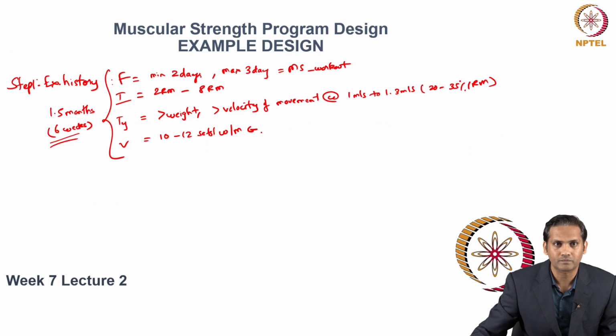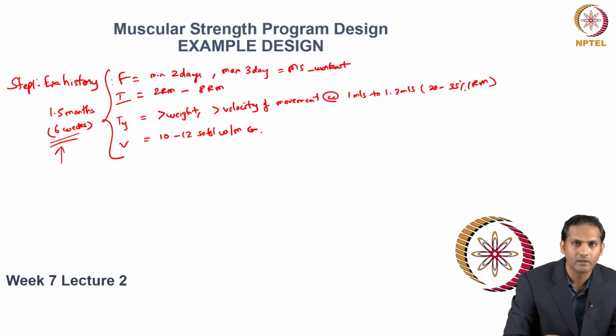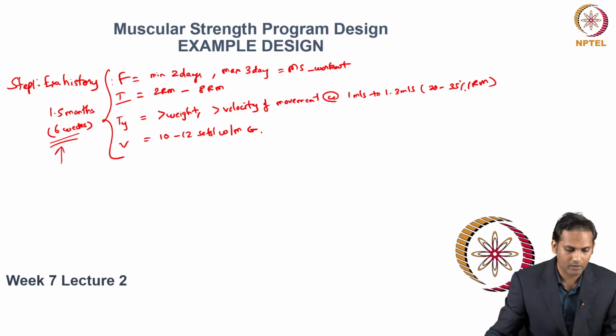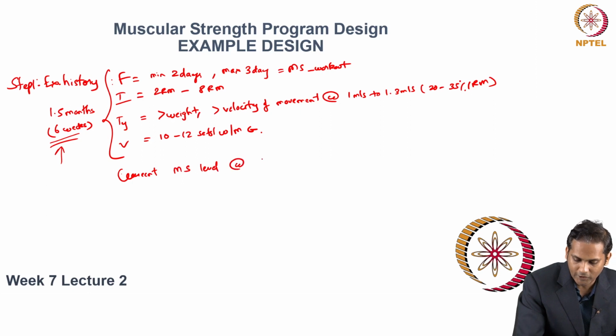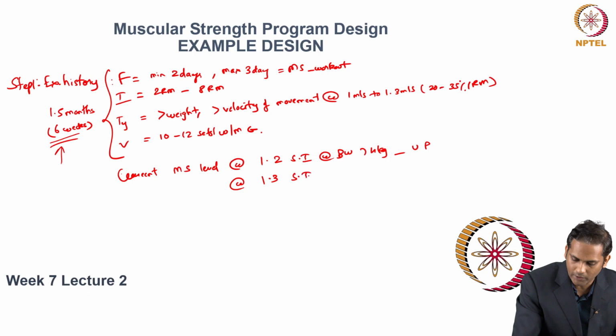Considering my gap of 6 weeks, I would also add here that my current muscular strength level is a capacity of lifting 1.2 strength index at body weight 74 kg. This is for my upper body, and for my lower body it is 1.3 strength index at body weight 74 kg.